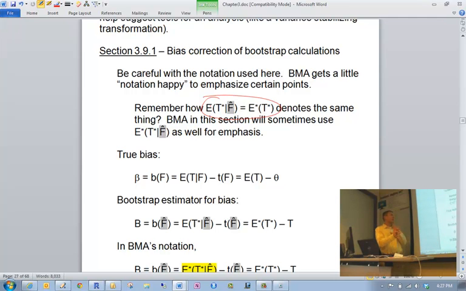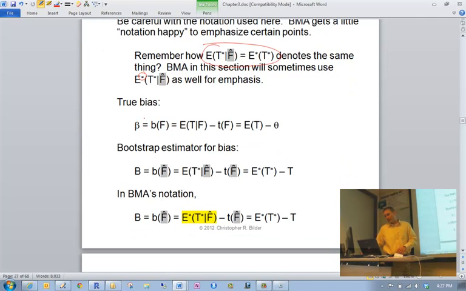The book goes back and forth. In this particular section, this is the only place where I found this in the book, they decided to add a star to that expected value of T star given F hat. I don't know why they did. I think it's a typo. I don't think it should be there, but that's what they do. I think they're trying to overemphasize it.